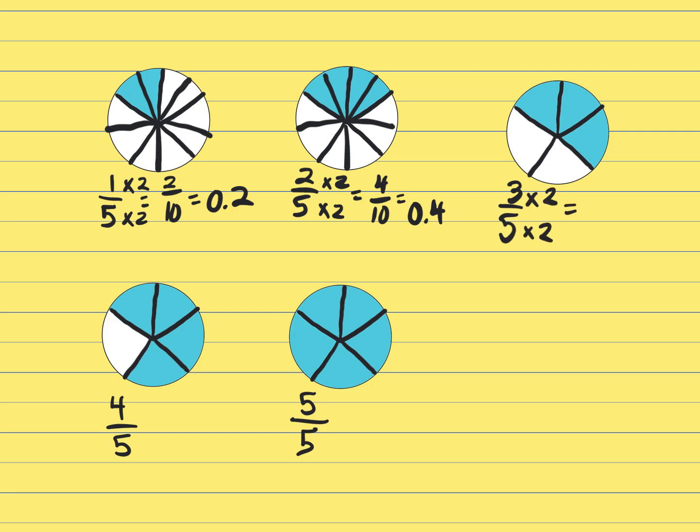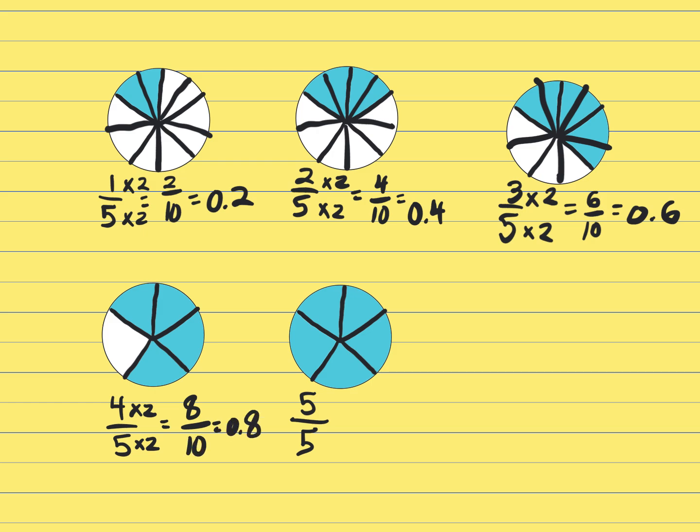Times 2 times 2, I get 6 out of 10, and that is 0.6. Again, I can change my piece sizes all I want to. 4/5 times 2 times 2, that equals 8 out of 10, or 0.8. Again, I can show that in my model.